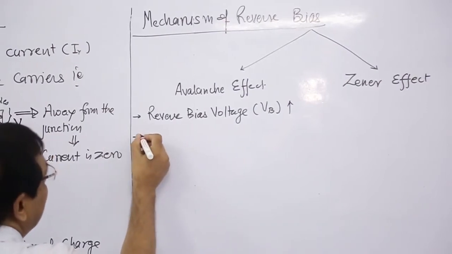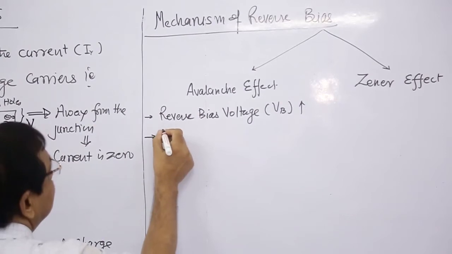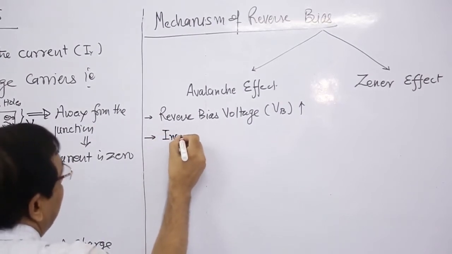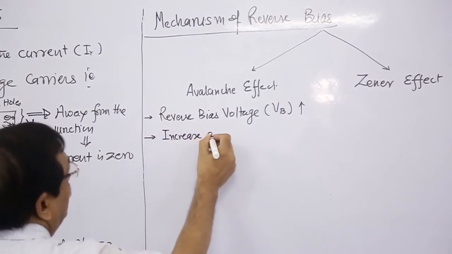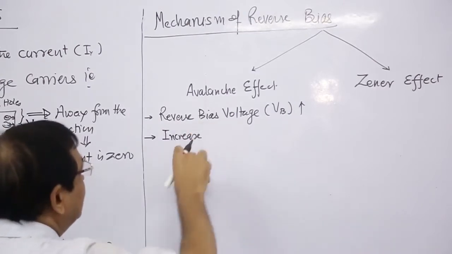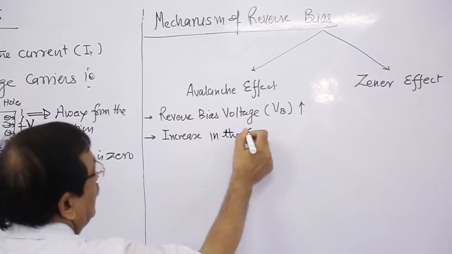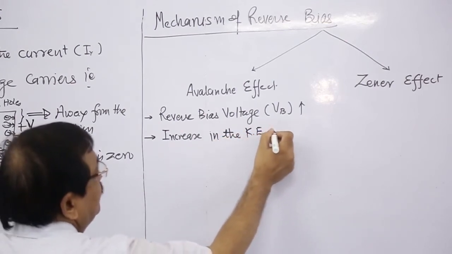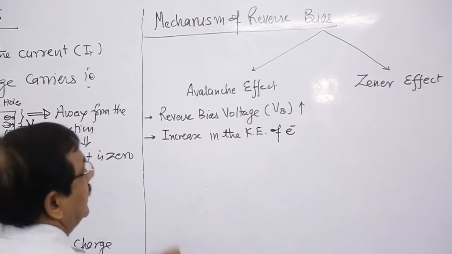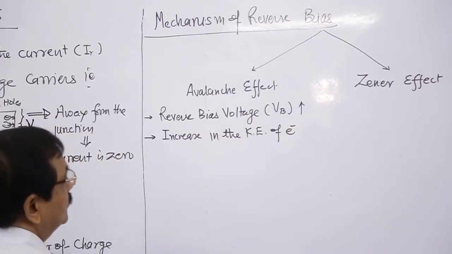So, this increase in voltage increases the kinetic energy of the electron.